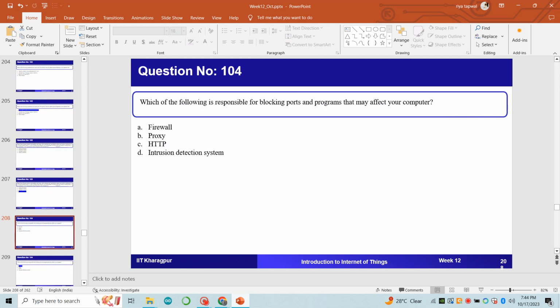Next question is, which of the following is responsible for blocking codes and programs that may affect your computer? Options are firewall, proxy, HTTP, IDS. Anyone?